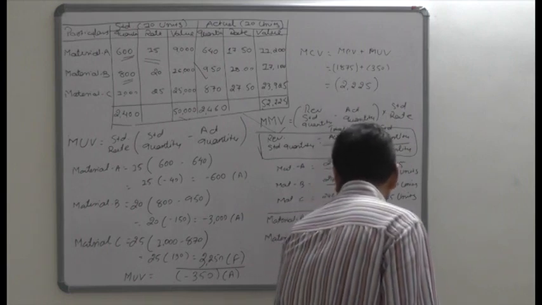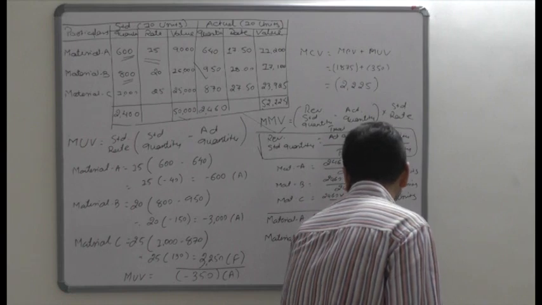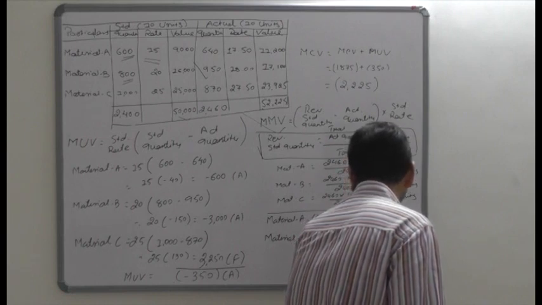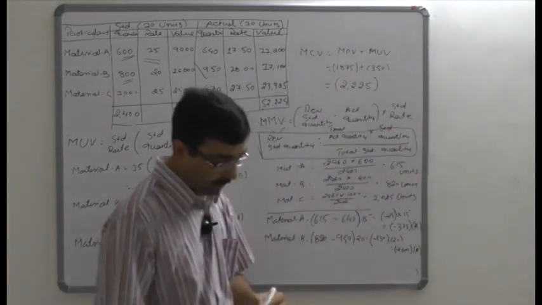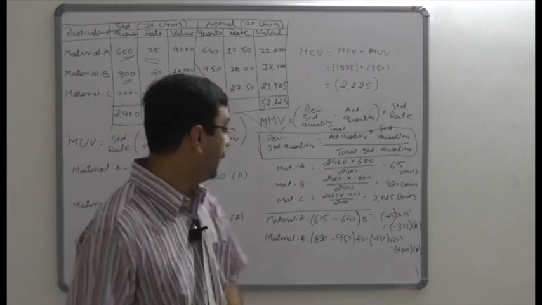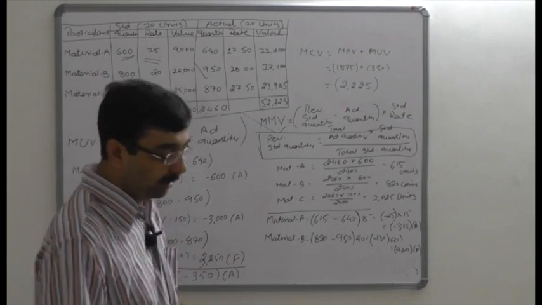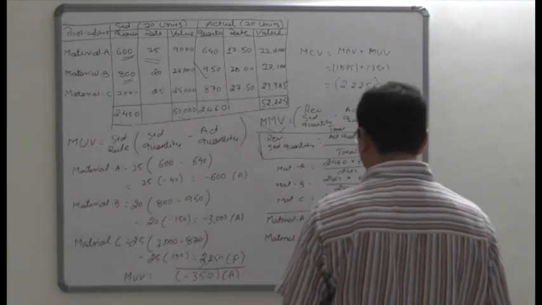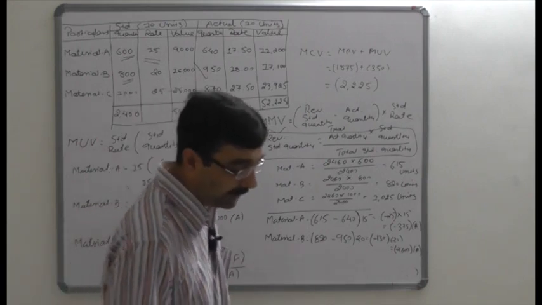So minus 130 into 20 comes to 2600 adverse. In case of material B also your answer is adverse, because your revised standard quantity is quite less than the actual quantity incurred.